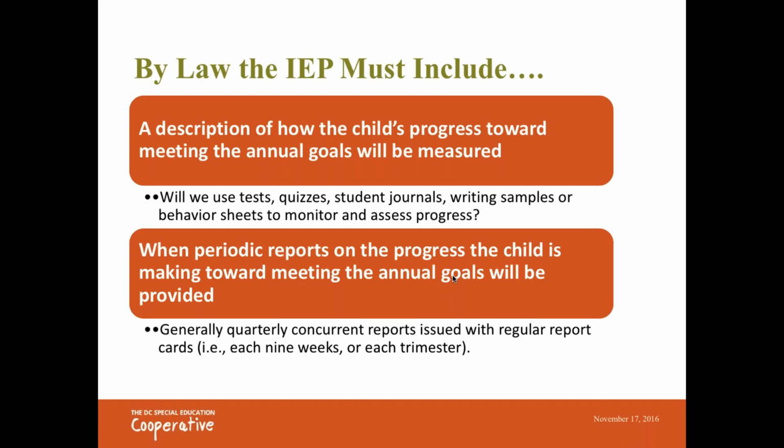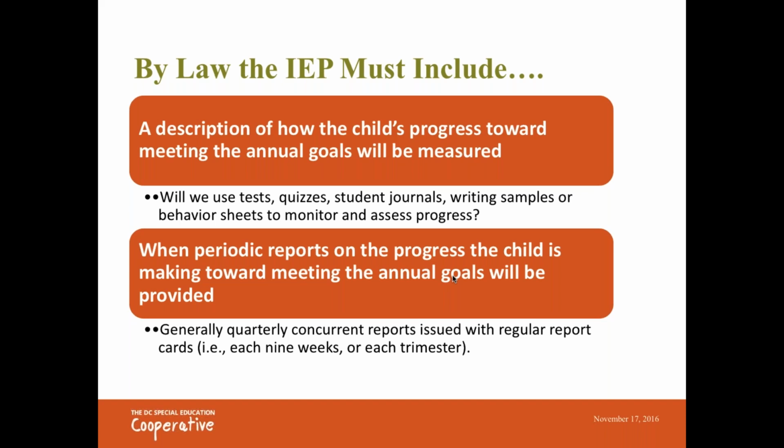The IEP also has to state when periodic reports on that progress are going to be reported to families. The standard for that is that information has to be shared with families and reported at the same time as all general education reports go out.